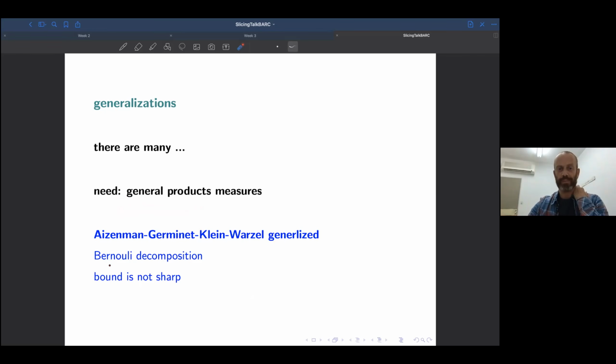They used a way to decompose a Bernoulli variable into Bernoulli variables, but their bound is analytical. They do estimations, which makes it non-sharp. So this theorem is not helpful for us, and we needed the correct answer. Otherwise, the lower bound we would have gotten was not interesting.